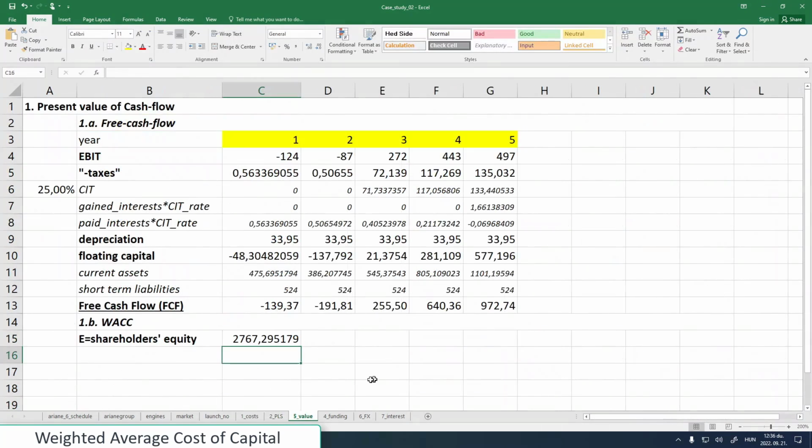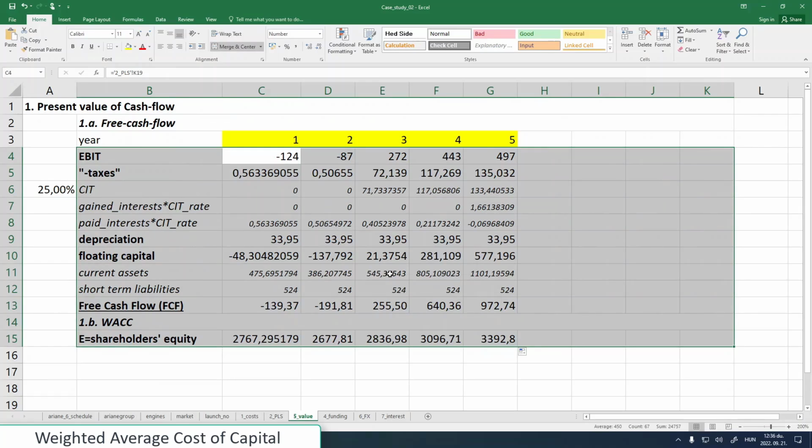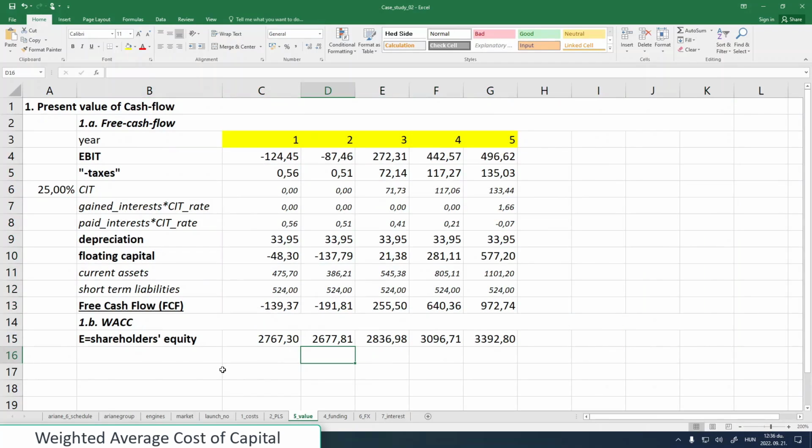Plus the two things. And we know that if we are profitable, then the retained earnings will increase as well, so it's good for the business. Maybe I should reduce decimals. Just some small formatting, yeah, now it's more suitable.